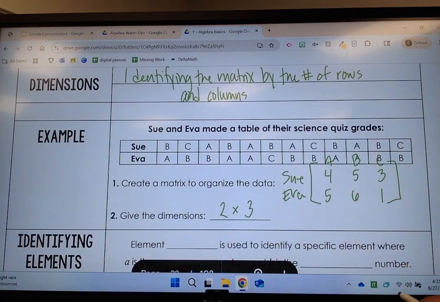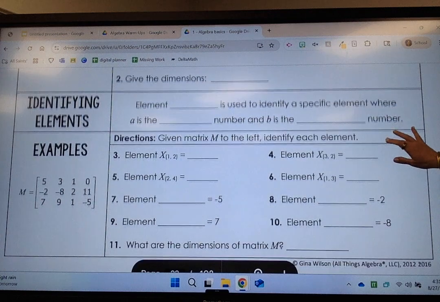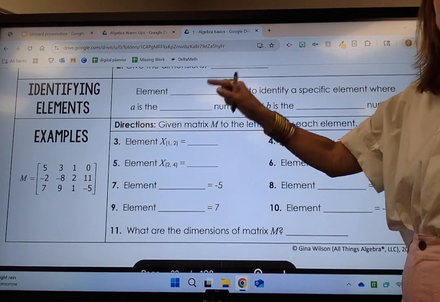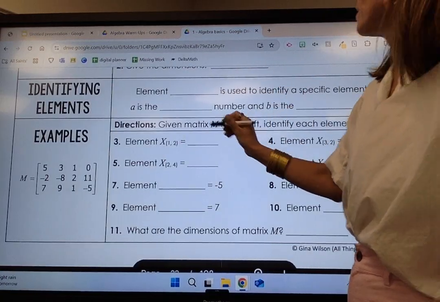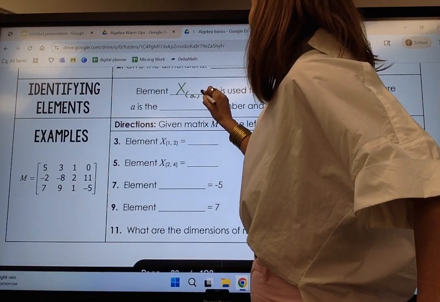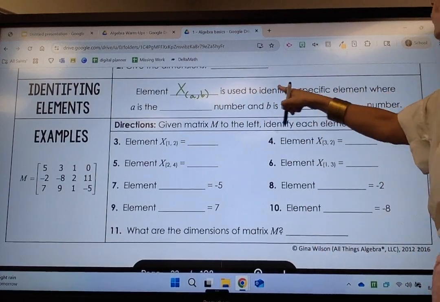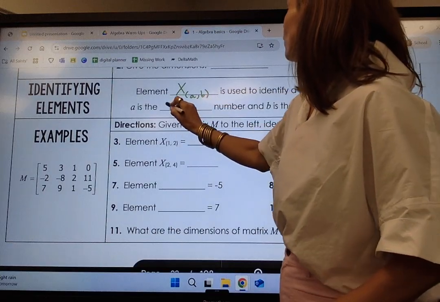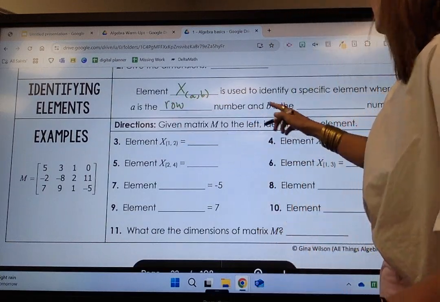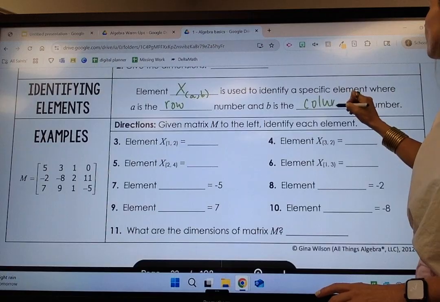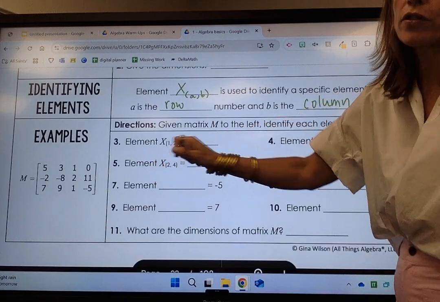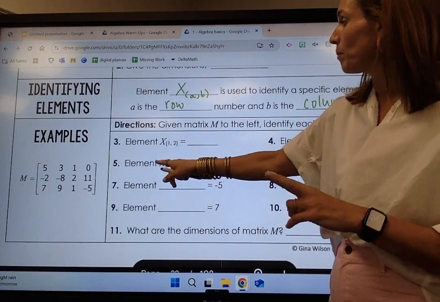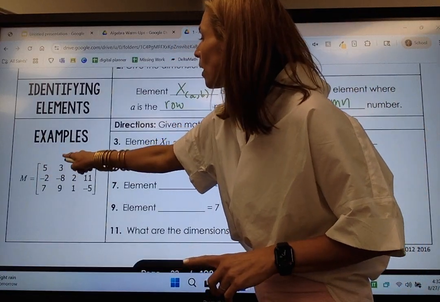All right, when you identify the elements, an element is just one specific data point. It's identified by its row number and column number. So if I look at this matrix over here as an example, and I want to find the element in row 1, column 2, here's row 1, column 2.